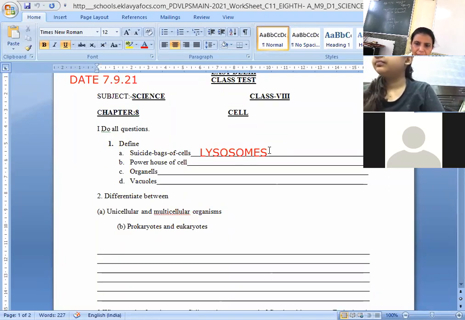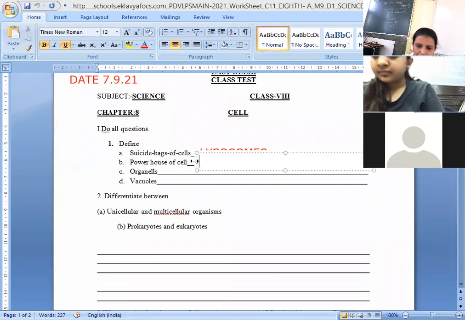Okay, they destroy themselves. In suicide, what happens? The person destroys themselves. In the same way, lysosomes are the cells which destroy themselves for the cleanliness of the cell. Next comes powerhouse of the cell, that is mitochondria.